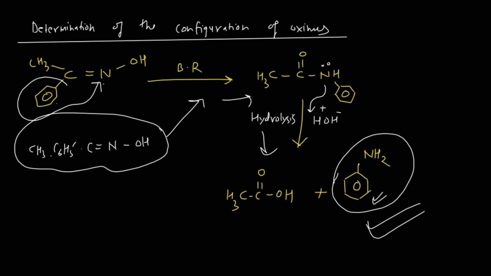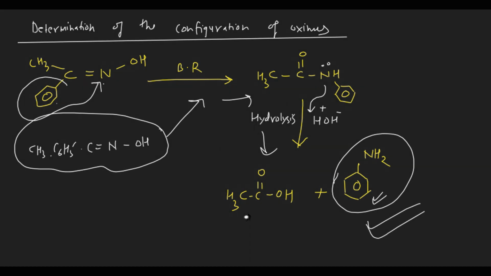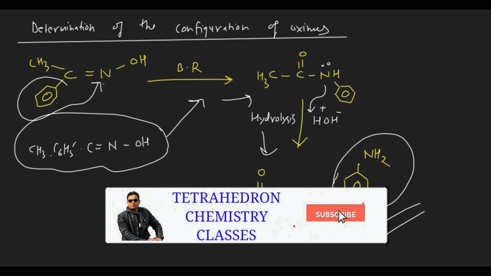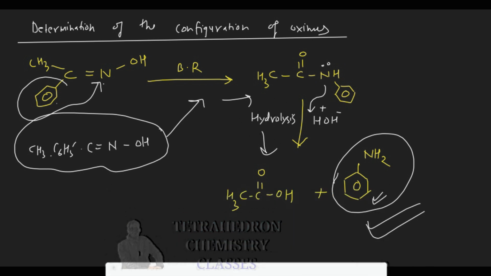That's why this reaction is of particular importance when you determine the configuration of the oximes, right. More specifically, when your Beckmann's rearrangement is the stereospecific type, but some examples we have of non-stereospecific. In that case, it will not actually do the needful thing.